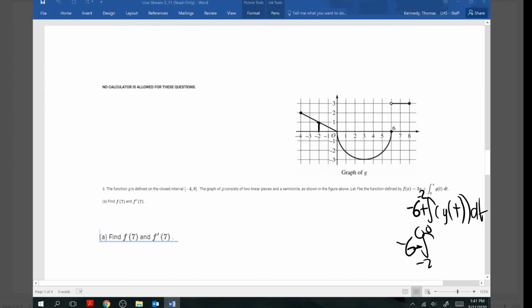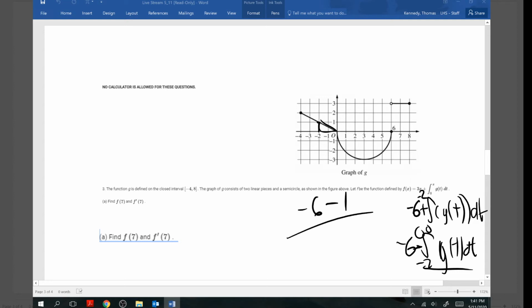And so I'm subtracting the area of the shape, which is 1. So it's just negative 6 minus 1. I was being really lazy here, sorry, saying the integral from negative 2 to 0 of g of t is just positive 1. And we have to subtract it because I had to swap my bound order. And so, sure enough, it's negative 7.